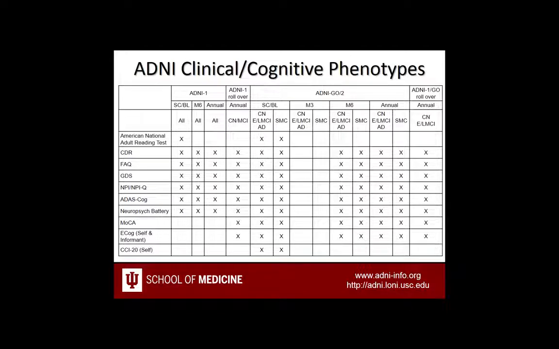Sorry, just a quick question. So across the ADNI waves, how diverse in terms of race and ethnicity are these waves? Not very. I want to say it's about 92% non-Hispanic Caucasians. And that other 8% or so is a mixture primarily of African Americans, but there's some Asians.